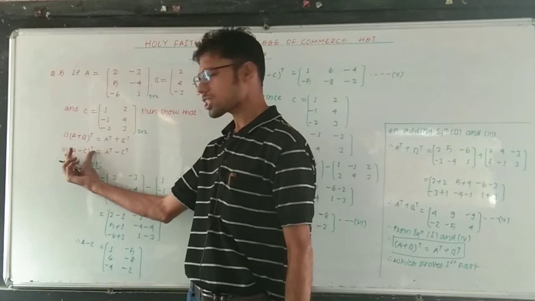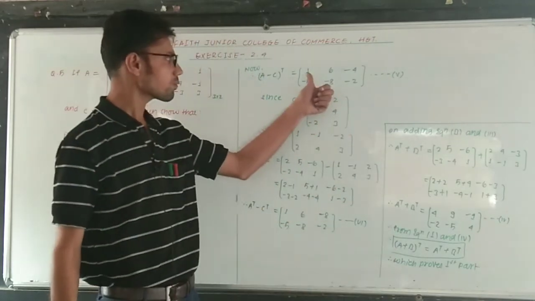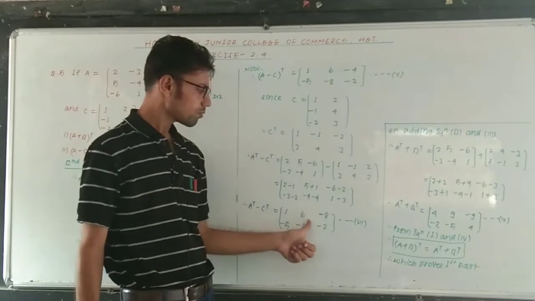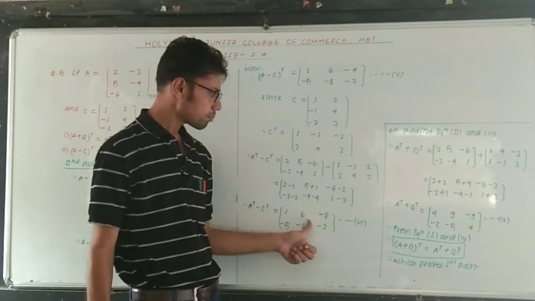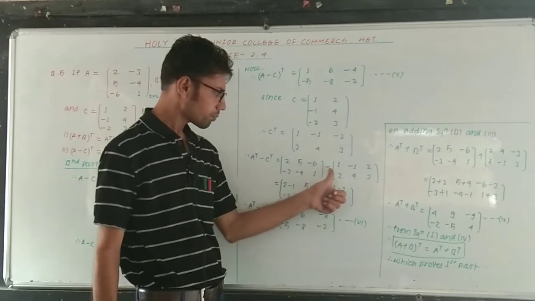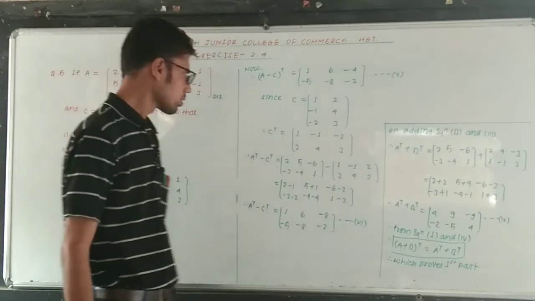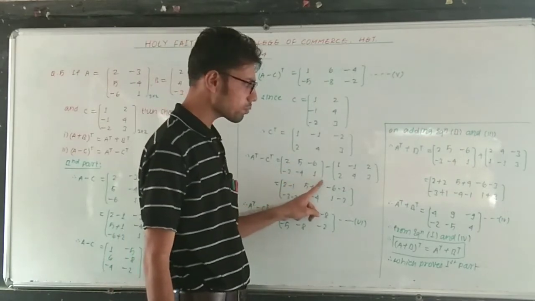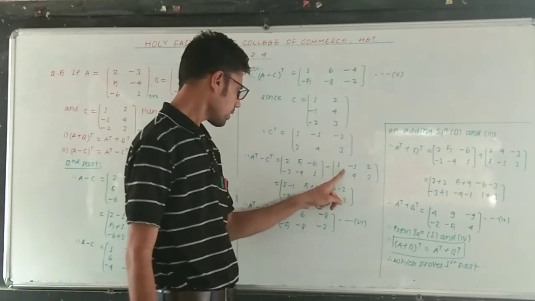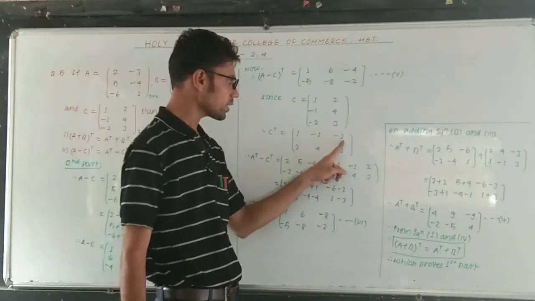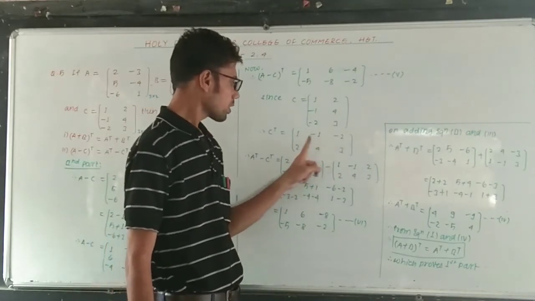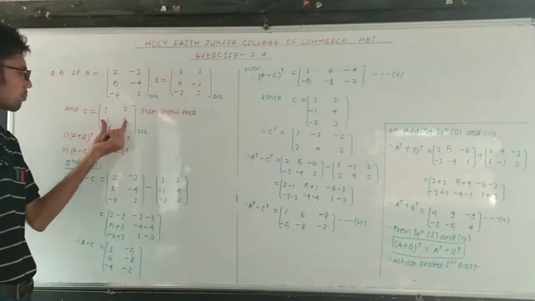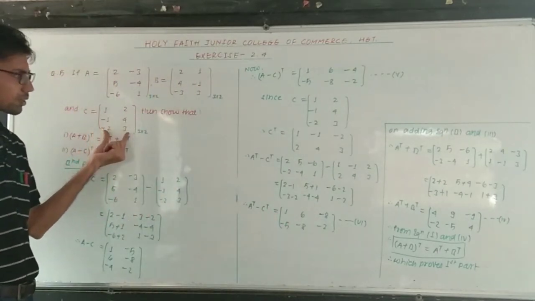See the RHS of transpose of A minus C. It is 1, 6, minus 4. And here it is 1, 6, minus 8. Here, what is the mistake? A transpose is 2, 5, minus 6, minus 3, minus 4, 1, and C transpose is 1, minus 1, minus 2, 2, 4, 3. The C matrix is 1, 2, minus 1, 4, minus 2, 3.